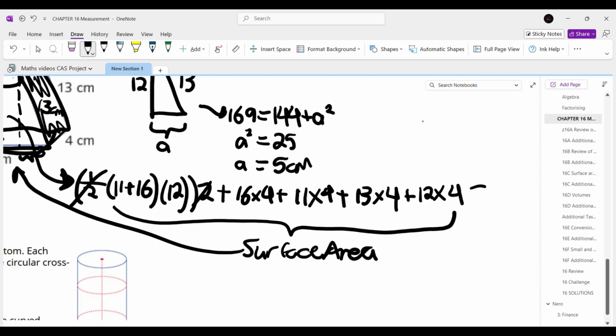So let's just use a calculator. I want to make this nice and easy for us.